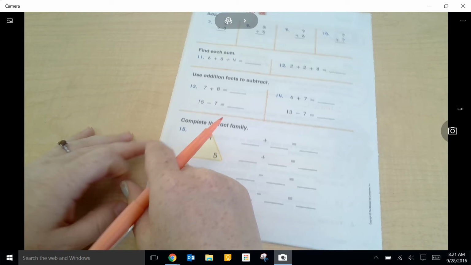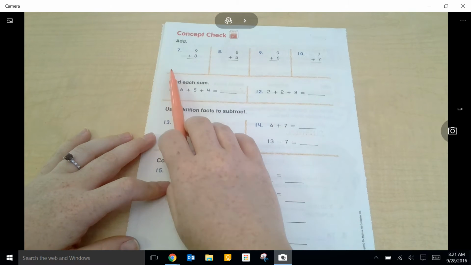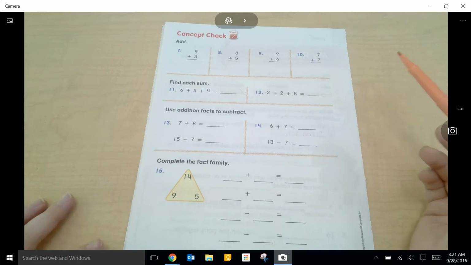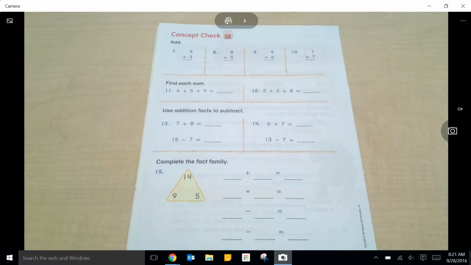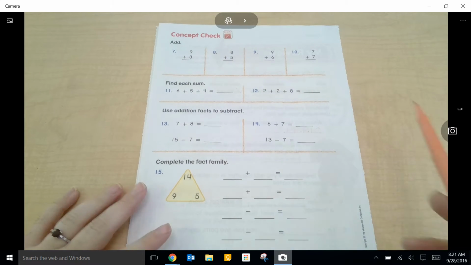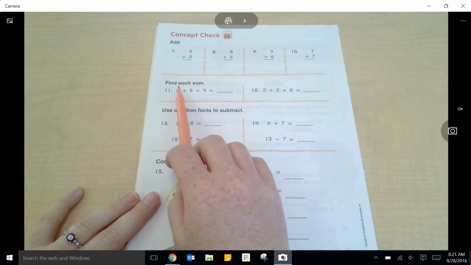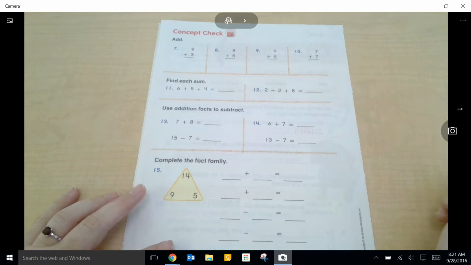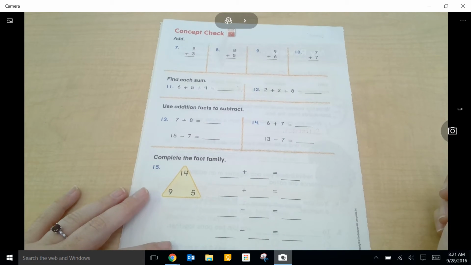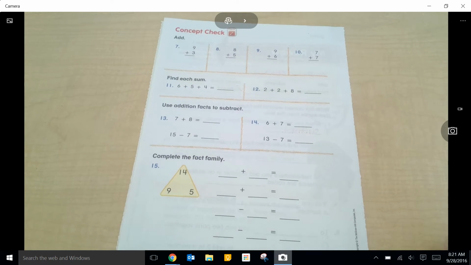On the back, we're going to start at number 7. It says add. You can use any strategy that helps you add on numbers 7 through 10. Number 11 and 12 says find each sum. It has 3 numbers you're adding together. So remember to use doubles facts or friends for 10 to help you add.